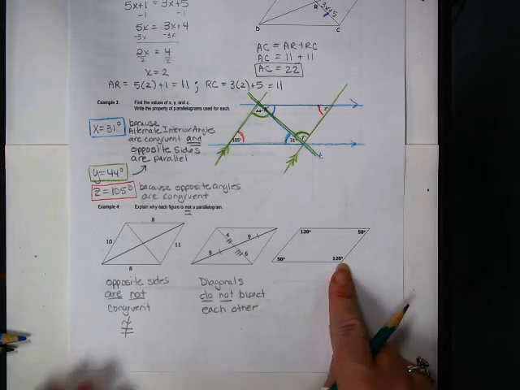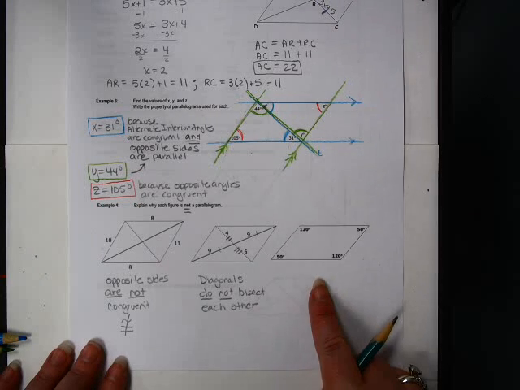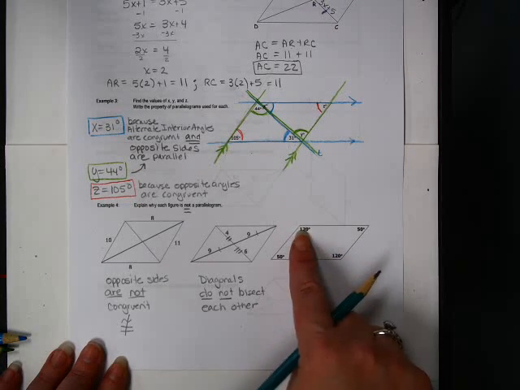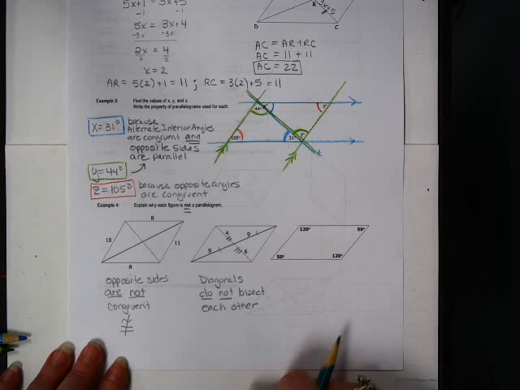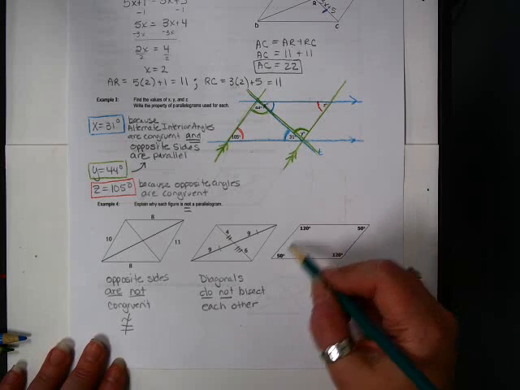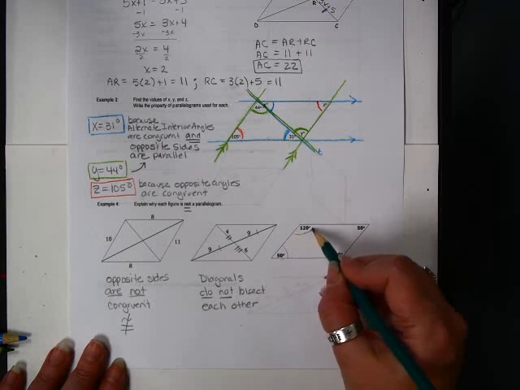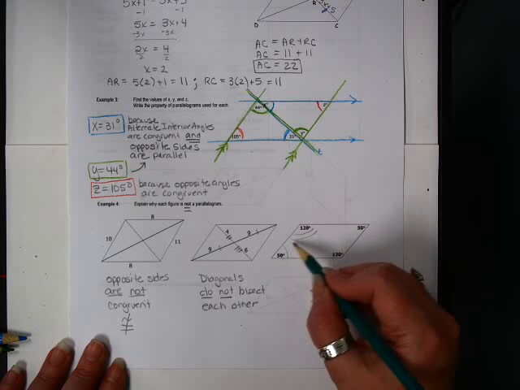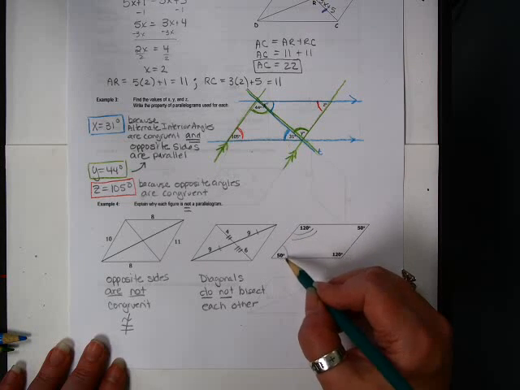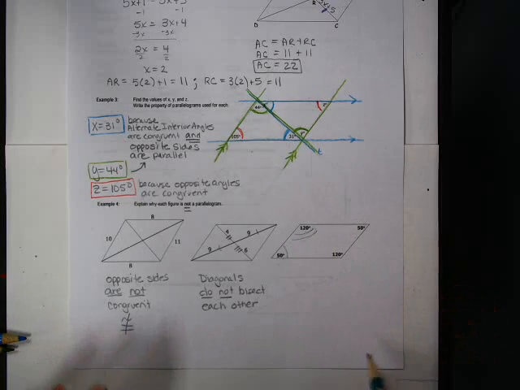All right, and finally, if we look at this one, all I have are angles marked. It looks like it should be a parallelogram because that's 20 and that's 20 and that's 50 and that's 50. But this is tricky. Remember the other one where consecutive angles... If you look at this, this is 1, this is 2. The angle that's marked with 1 and the angle that's marked with 2 are supposed to add together to be 180. They're not.